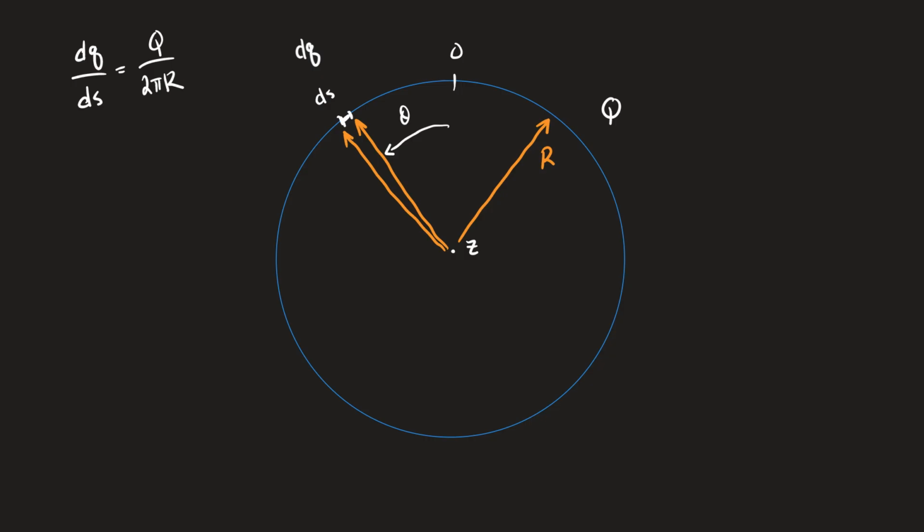But I'm probably going to refer to my piece of charge by its location, not just its length. So to do so, I will rewrite this as r d theta. And that way, I think it'll be easier to find every piece of charge by summing up over every angle, starting at 0 and ending at 2 pi. Does that make sense? I need to have something to which I can integrate.